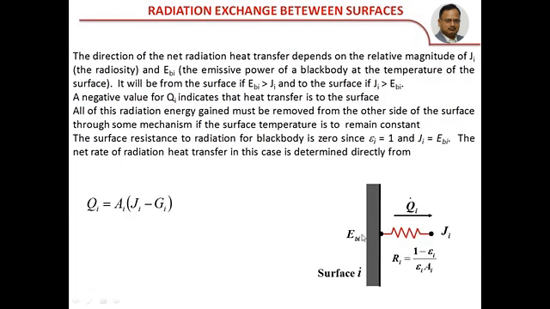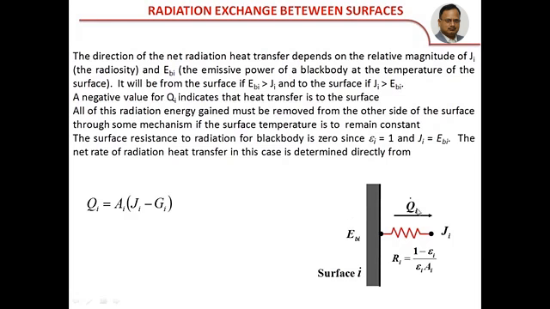If J I is greater than E B I, it is to the surface, where J I represents radiosity and E B I represents emissive power of a black body.